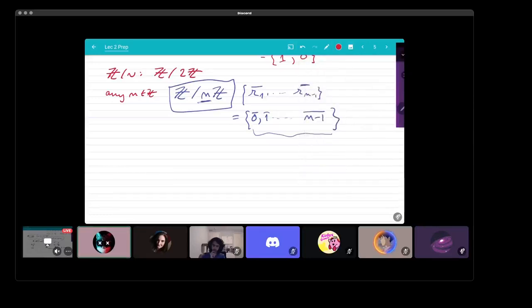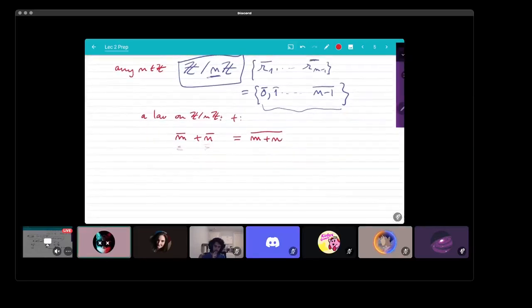So we're going to say that this is a law, plus, that associates m and n as equivalence classes to the equivalence class of m plus n.